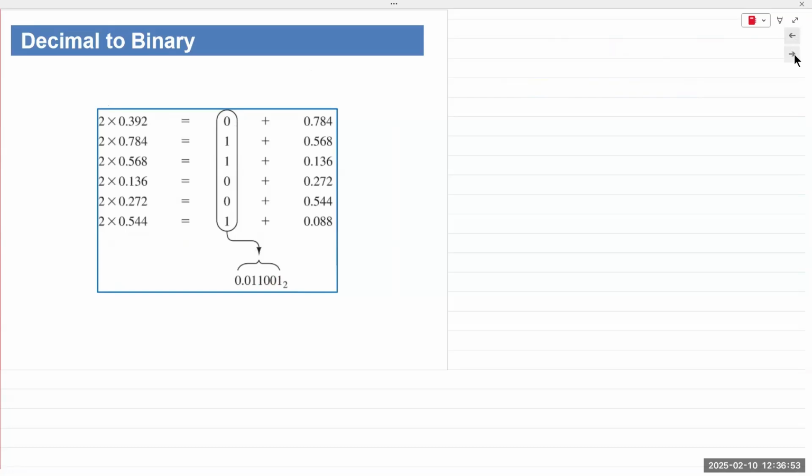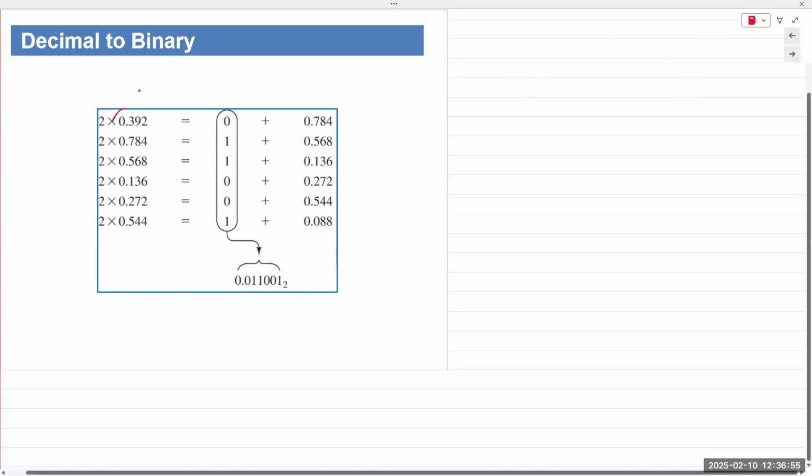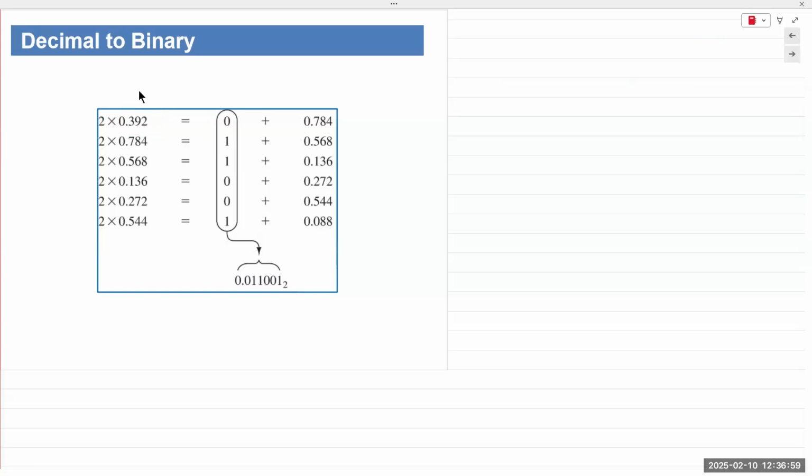If you have a decimal place, let's say you want to go from 0.392 decimal to binary, we multiply by 2. The result is here. We take the fraction, which is 0.784, and we again multiply by 2.